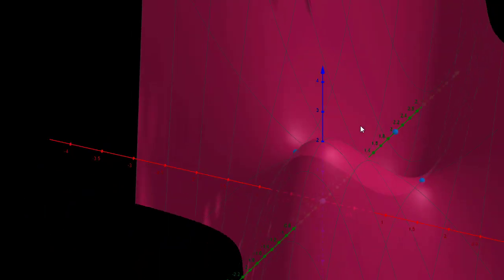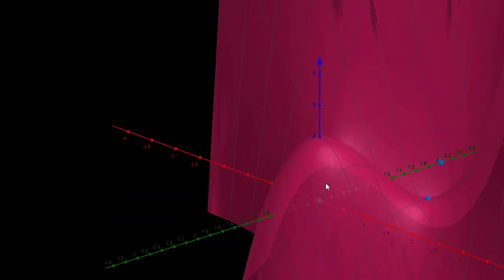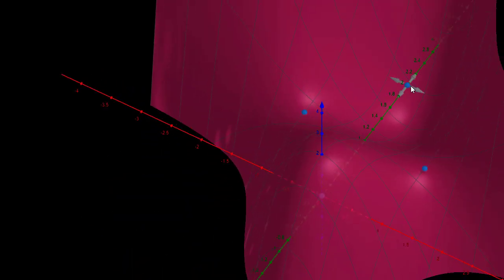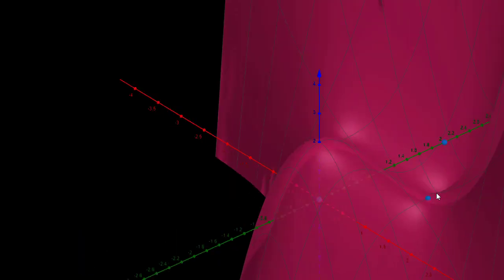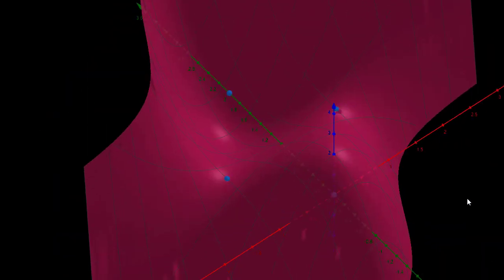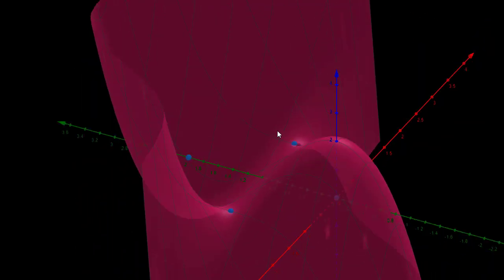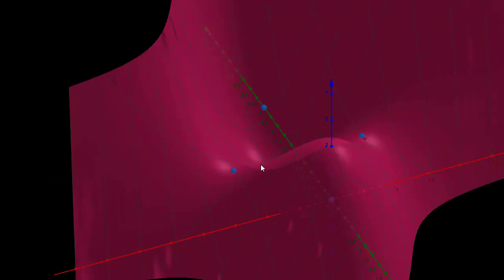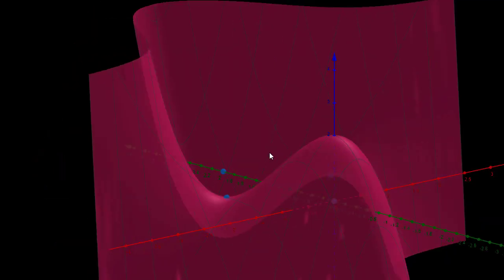Here's the surface. Above 0, 0 we have a maximum. Below 0, 2 we have the minimum. And then at 1, 1 and negative 1, 1, we have our saddle points.